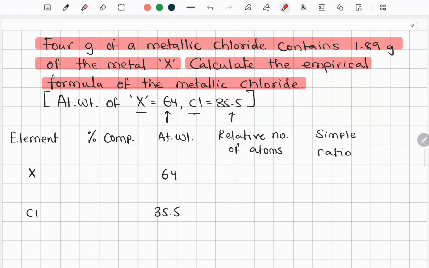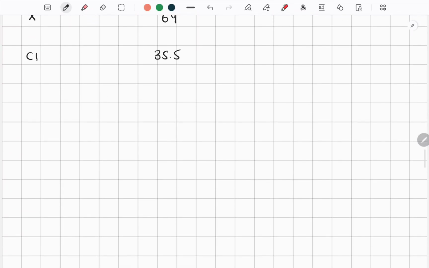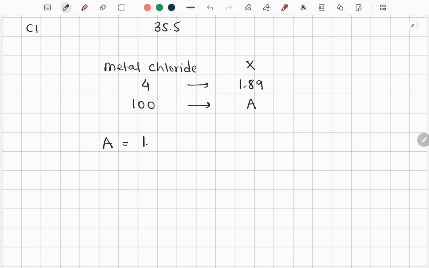If you read this question properly, it says 4 gram of metal chloride contains 1.89 gram of the metal X. From this information we can calculate the metal percentage. If I have 100 gram of metal chloride, how many grams of metal X does it contain? Let's say A. So A is equal to 1.89 into 100 divided by 4, and when you solve this fraction, you get 47.25 gram.